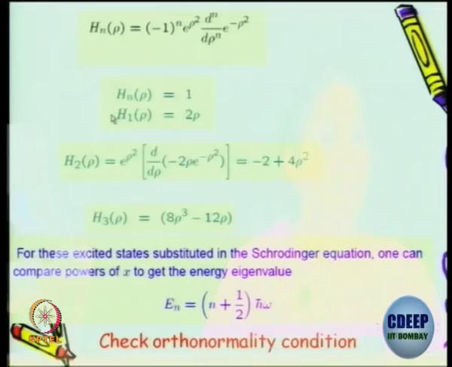Just like in the particle in a box, I want you to check the orthonormality condition for the wave functions, where the orthonormality of Hn of rho will play a crucial role. This Hn of rho, even though I have not really specified, they are called Hermite polynomials in the literature. So, please check the orthonormality condition.